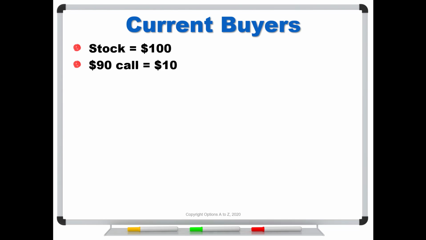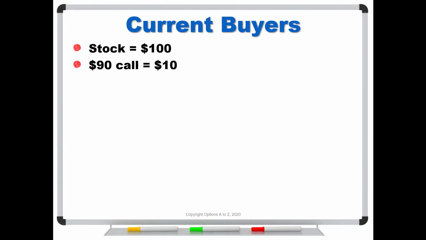Well, that's for current buyers. So let's say the stock is 100, the $90 call is currently trading for 10, and if you come along as a new buyer, you don't have that $90 call, and you say, you know what, hey, I could pull a fast one here on the market. I could go buy that $90 call and buy the stock at a discount. I could exercise it for 90 and get stock worth 100.